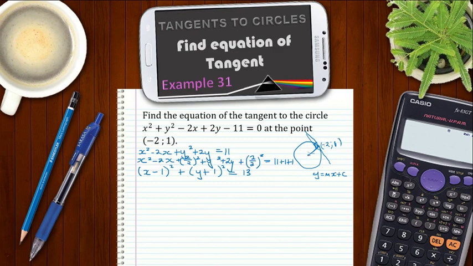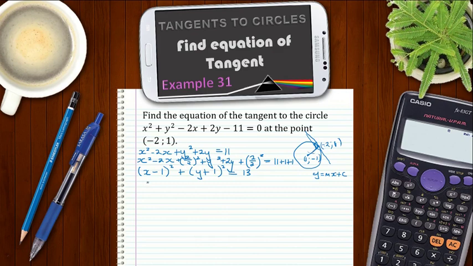Now the other thing we know about finding this equation is that we know where this center point is. That's going to be 1 and minus 1. All right, and now we have something to find the gradient of this line with. And then after we found that gradient, we can find the gradient of the tangent using the gradient of a perpendicular line.